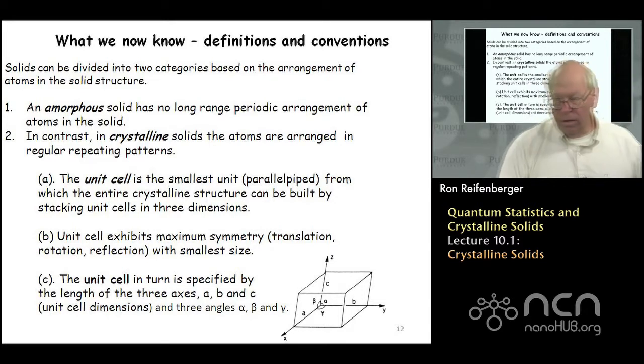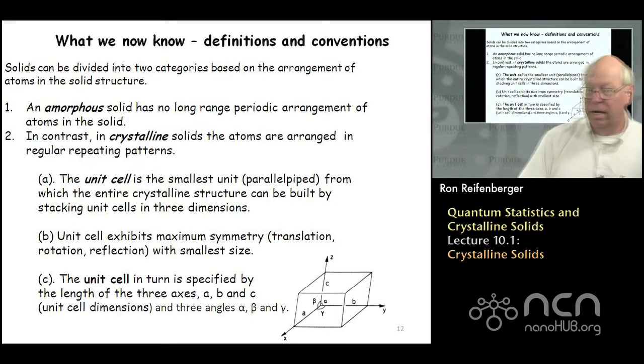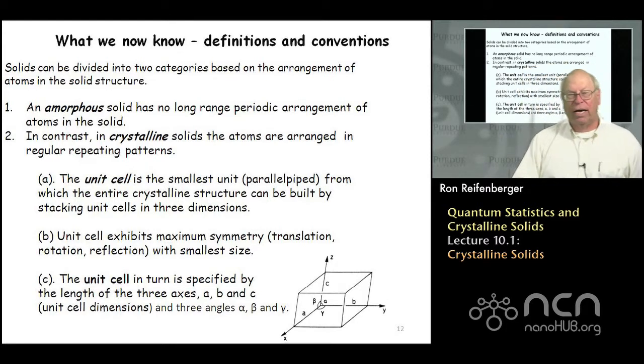I'd like to make the point that each crystalline solid is made up of a unit cell, and the unit cell is basically the smallest increment of atoms that, when translated through 3 dimensions, reproduces the crystalline solid of interest.